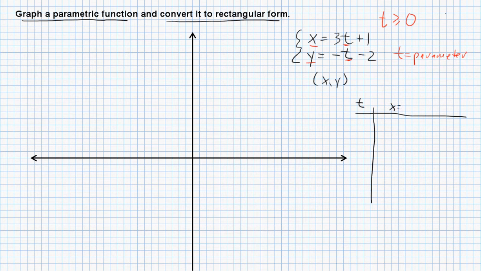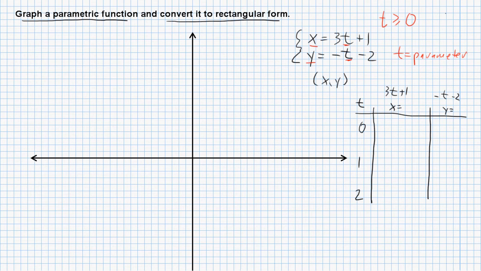The second is for our function 3t plus 1, and the third is opposite t minus 2, which is what y is equal to. We'll pick some values for t. Because the parametric equations are linear, I'm going to pick 0, 1, and 2.